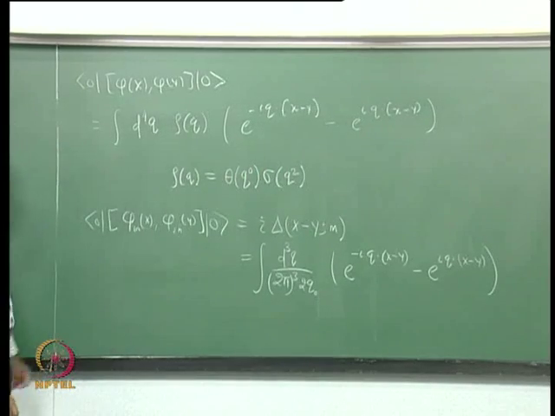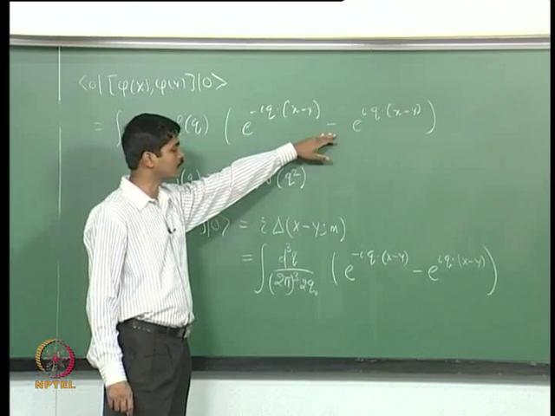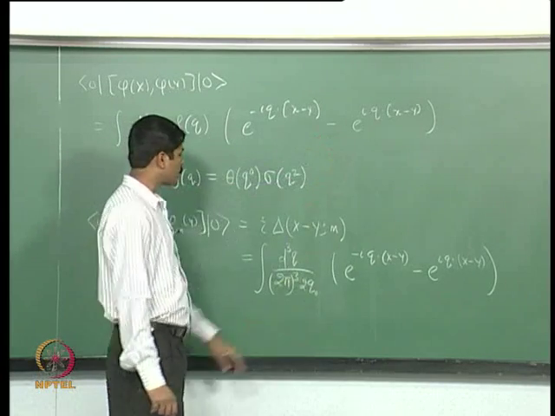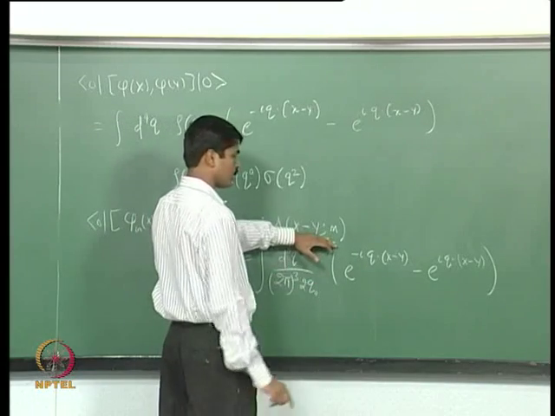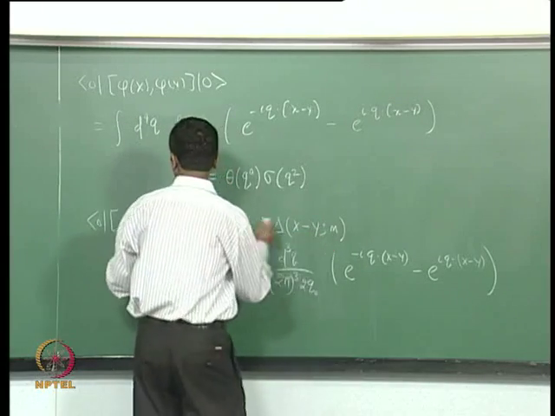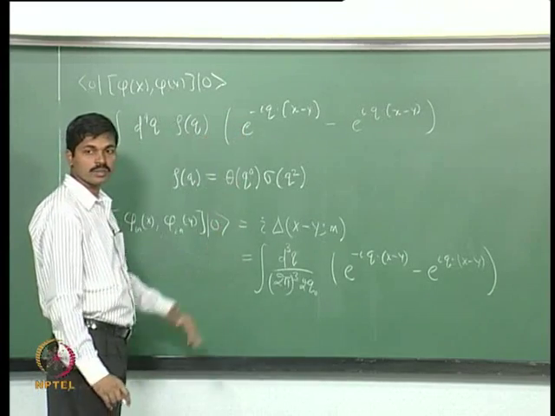So, therefore, it is clear that this commutator here will essentially be a superposition of this delta x minus y m, a superposition of commutators for various masses.